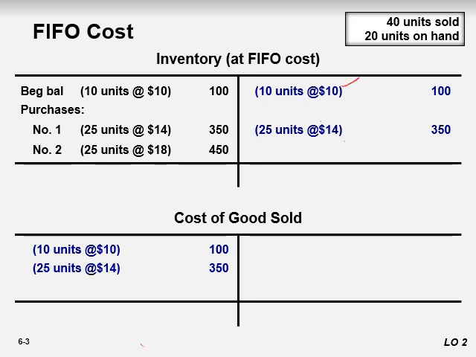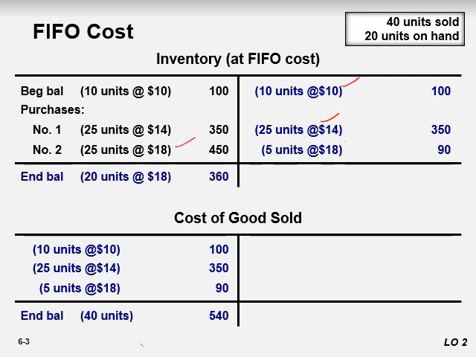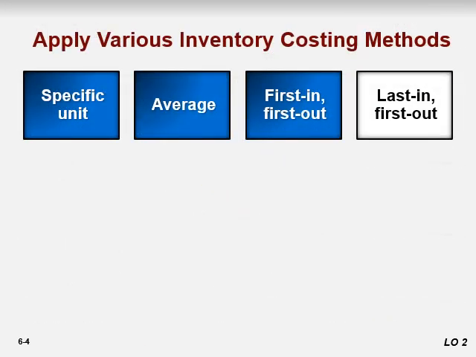This is 10 prices, and the remaining 5 are sold at 18, and that's how 20 units are on hand, and the cost of those 20 units is 360. So the cost of goods sold, we can just add all the amounts, and it's written in our previous slide. You can just see that.